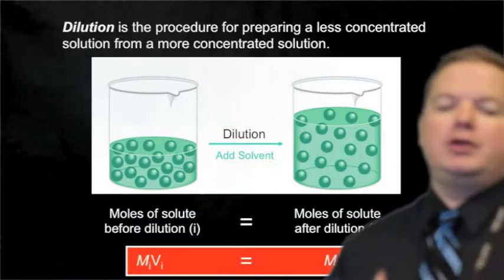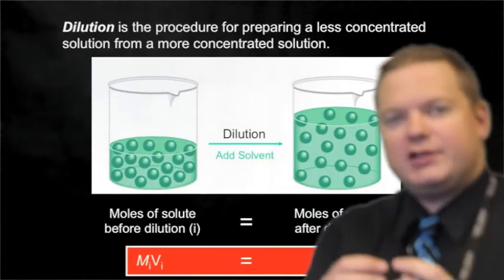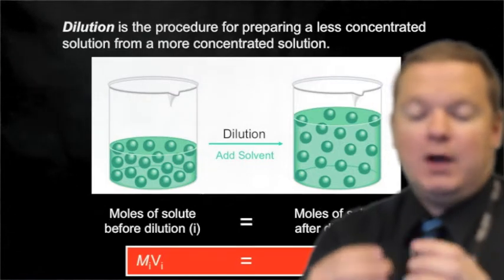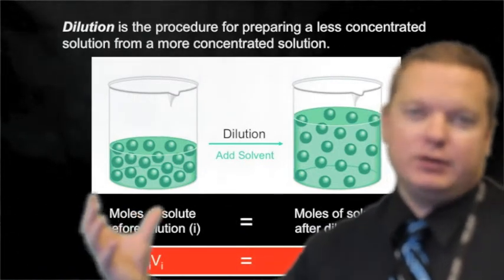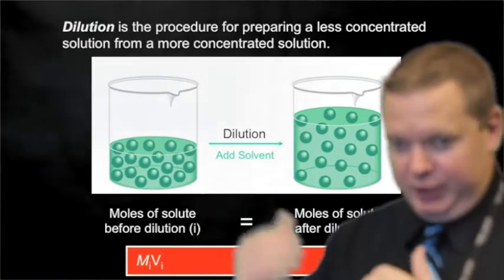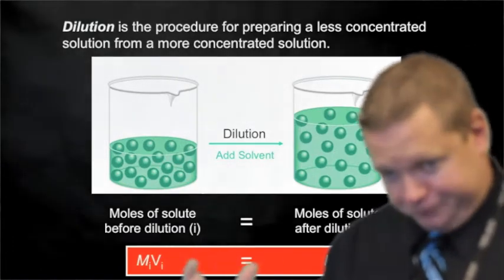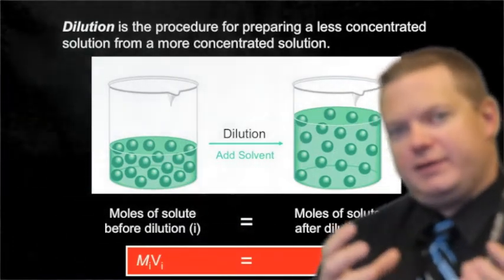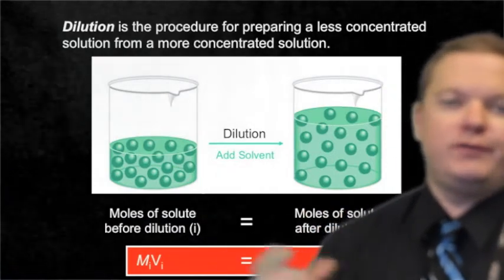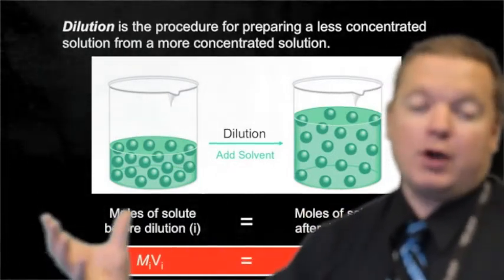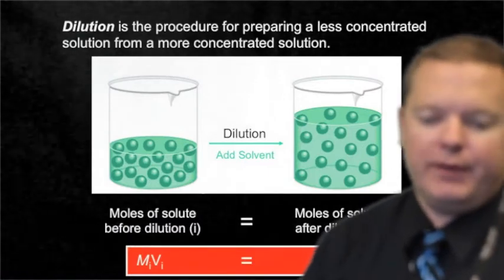So we can do what we call a dilution, where we transfer a certain amount of moles of solute and then change the amount of solvent, which is going to change the concentration and make it lower. So in a dilution, we're making a lower concentrated solution from a stronger, or more concentrated, one by adding solvent.